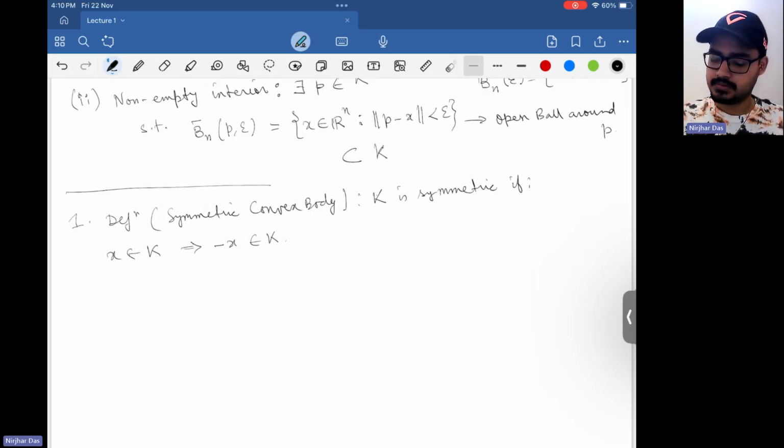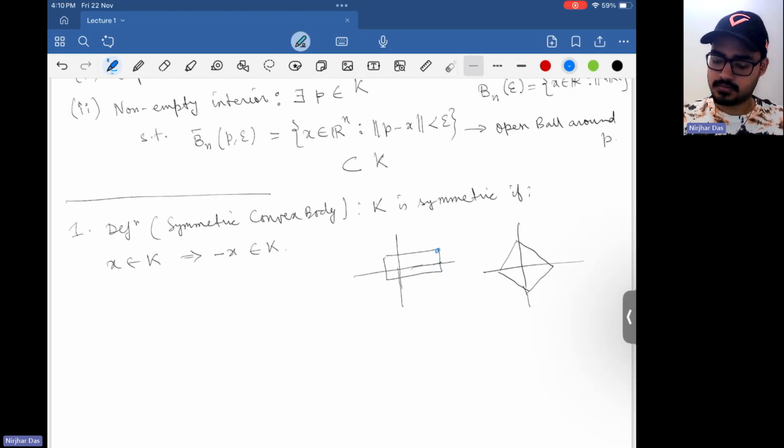So for example, if you have something like this, this is a symmetric convex body, but instead if you have something like this, this is not a symmetric convex body, because if you take the point here and reflect it through the origin, you get something here which is not inside the convex body.